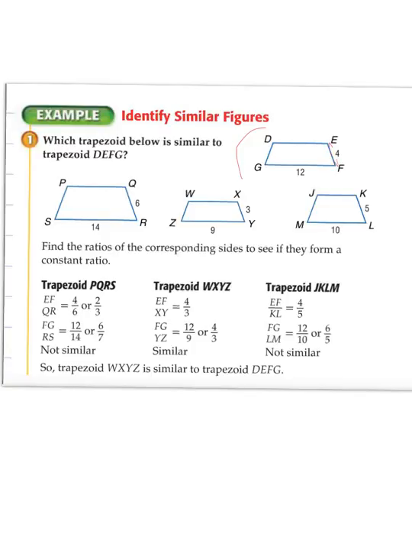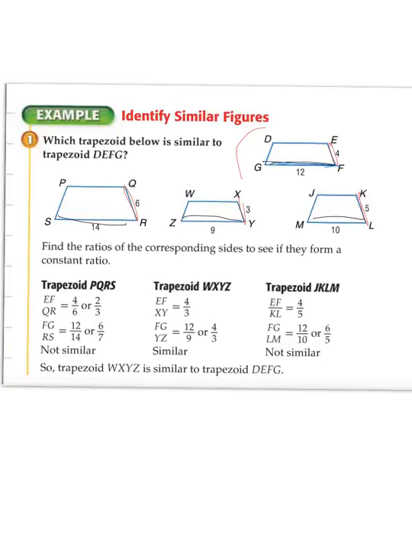So this side EF matches up with the side QR, XY, and KL. Okay? And then the side GF, I'll do a different color, GF matches up with SR, XY, ML.